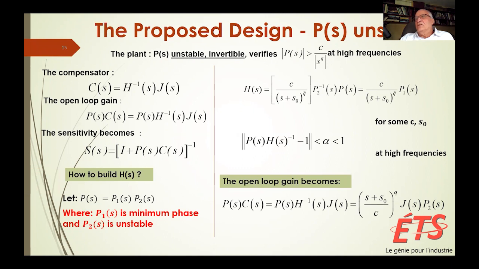In case I have something unstable, well, I'm going to decompose my system into stable and invertible and unstable. I'm going to invert the invertible part, and for the rest, I'm going to build a new function that behaves like P of S at high frequencies, or getting close to it at high frequencies, so that I'm applying this algorithm directly.